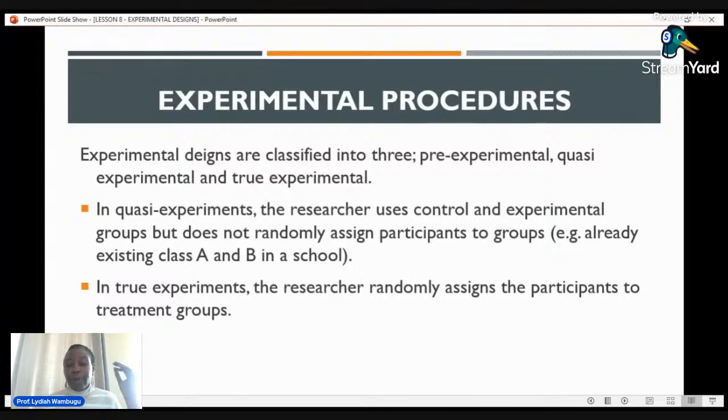We have earlier said that with quasi, you are not able to randomly select and assign because you deal with already existing groups. When you go to a school, when you go to groups, you find them already formed. You are not the one who is going to handpick them or select them to put them in the groups. They have already formed themselves.